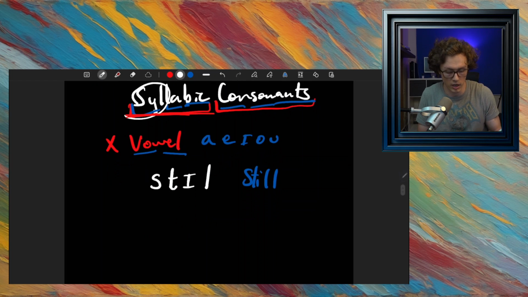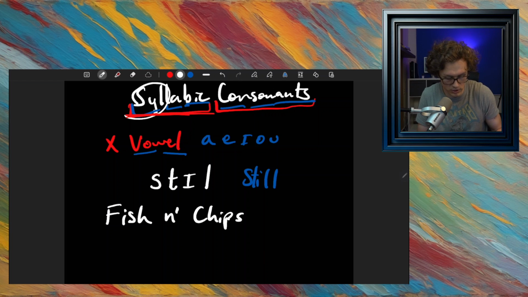So a good example, if you've ever gone to Britain or a lot of places, you might have seen fish and chips, right? So these are some normal, regular syllables. Fish has ish, right? So f, I, sh, 3 sounds.